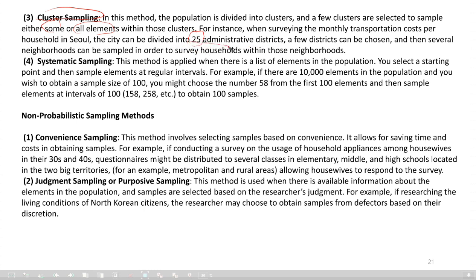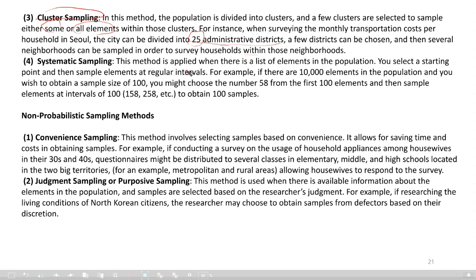There are 25 administrative districts. A few districts can be chosen, and then several neighborhoods can be sampled in order to survey households within those neighborhoods. Okay? Cluster sampling.